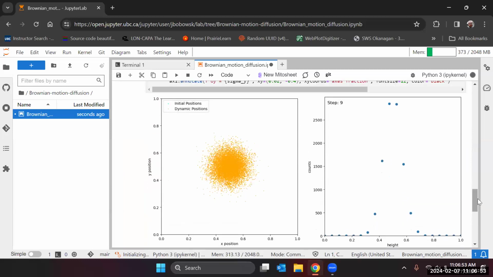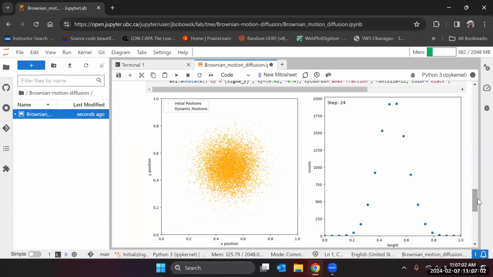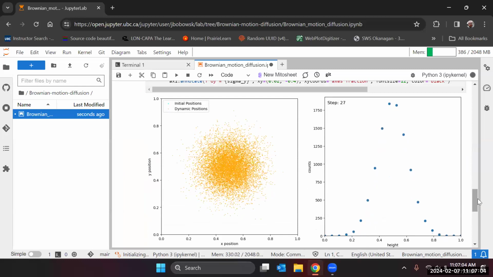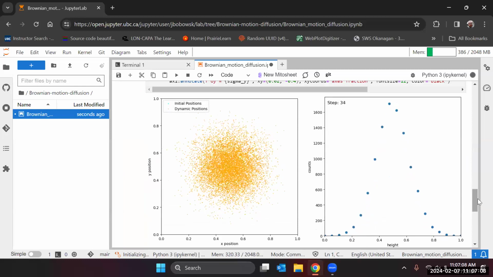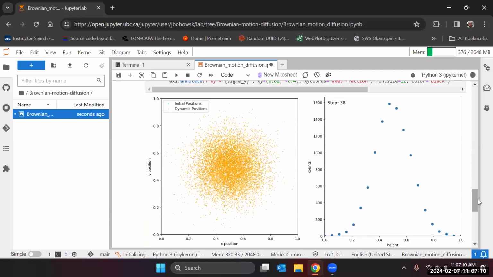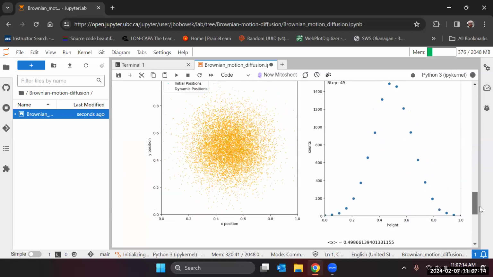So all the particles started here, and then they just randomly move out. This is kind of nice, like this spread is a measure of the standard deviation, and it's also a measure of the width of this peak. So you can see the standard deviation evolve as this thing's running.